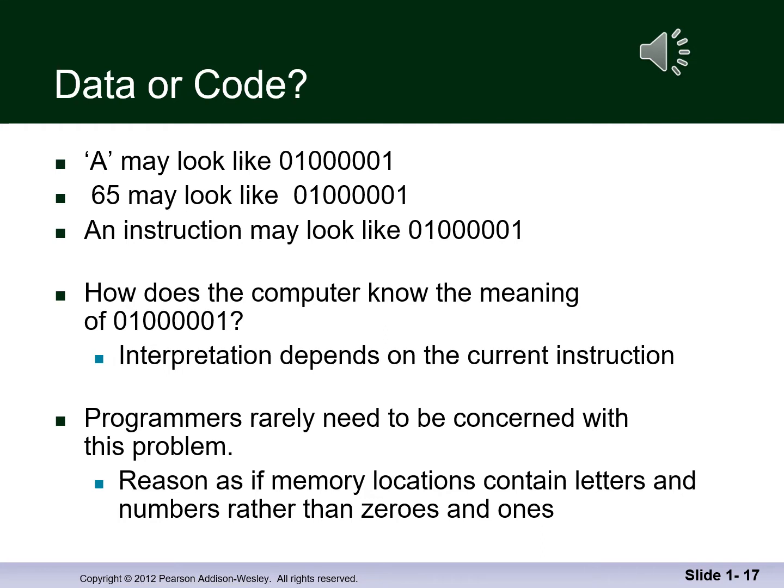Programmers rarely need to be concerned with this problem today. Back in the late 70s, early 80s, it was more of an issue than it is today. You're interested in variables that hold data, and the compiler, interpreter, and translator handle the binary encoding.